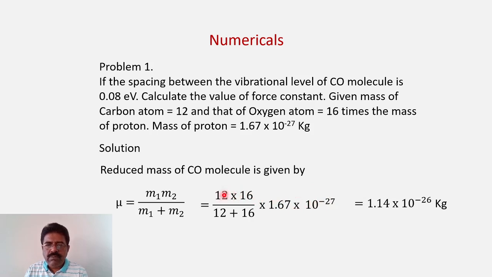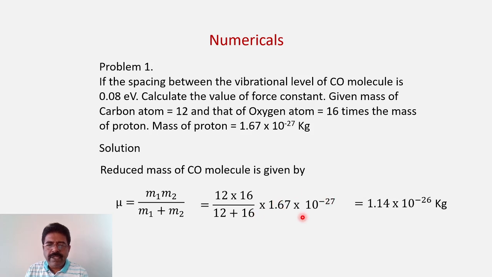Because both of them are 12 times the proton mass and 16 times the proton mass, we have taken this common, because here also we are multiplying by 1.67 into 10 raised to minus 27, that is the proton mass. So for m1 plus m2, in the denominator you have 1.67 into 10 raised to minus 27 in brackets, and in the numerator the square of it.